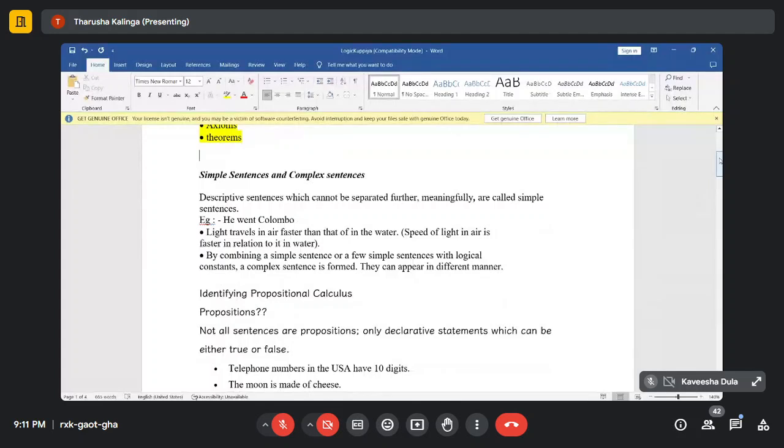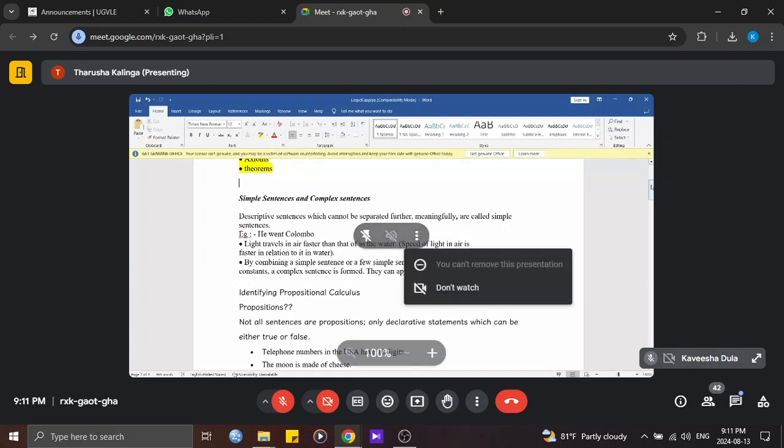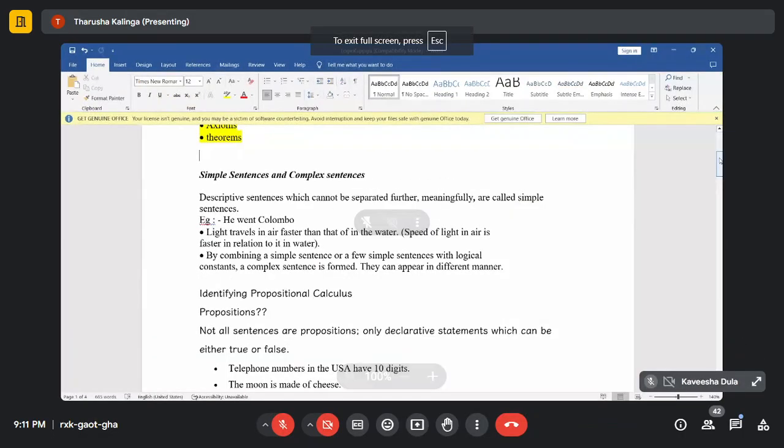All those things look the same, but there's a difference. In mathematics we always give numerical values, but in logic we don't use that. We have two values. What is that? True and false. So truth and falsity, those two states we talked about.